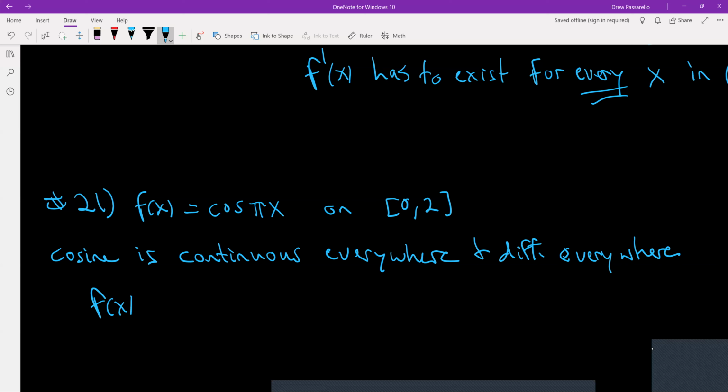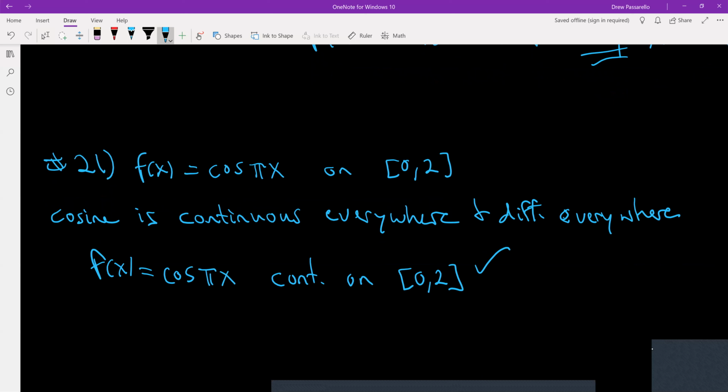So f of x equals cosine pi x meets the first two conditions, so it's continuous on 0 to 2, and then differentiable on the open interval 0 to 2. Now I need to check that the endpoints are equal.